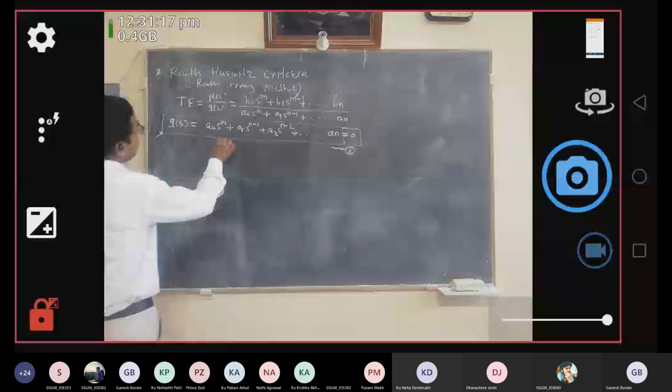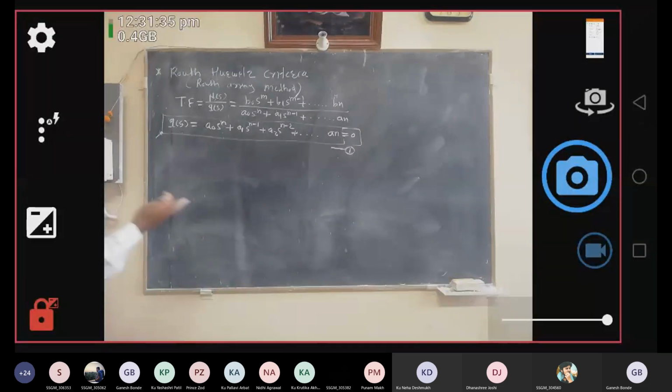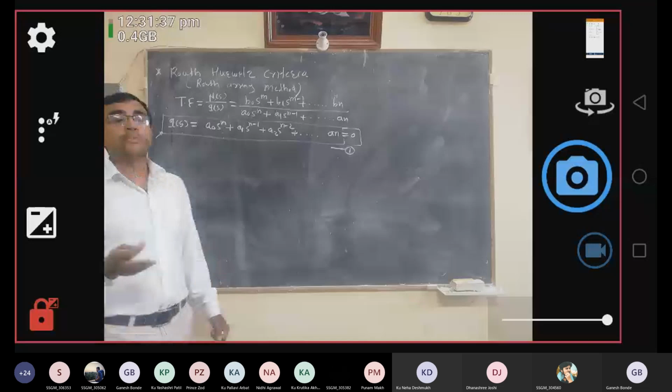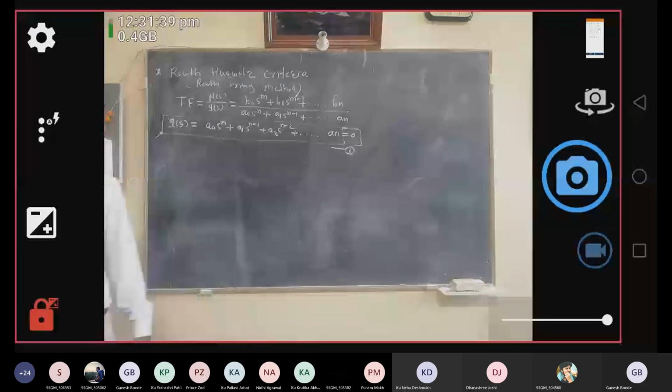Similarly, we have seen the Hurwitz determinant, where we prepared one Hurwitz determinant, that is capital H. Here we first have to prepare the Routh array.